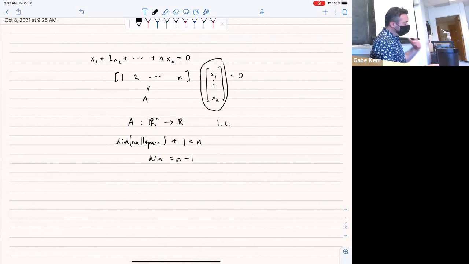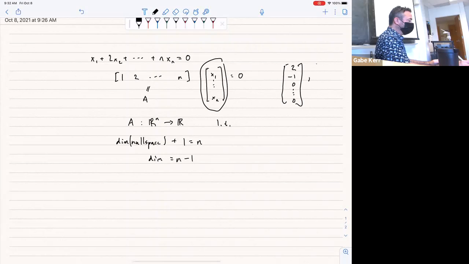And then once you do that, you can say, okay, let me find one solution. Let me see if I can find one vector that will actually solve this equation. And I think it won't take you long to say, okay, if I take 2 in the first entry, -1, and then zeros everywhere else, that's a solution. And then you can continue and find a pattern.